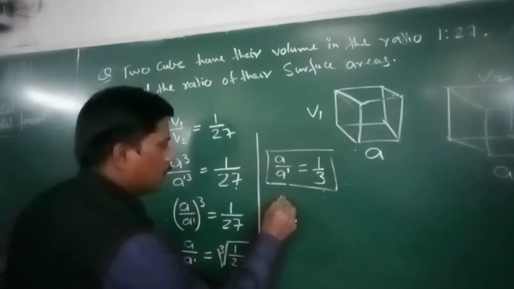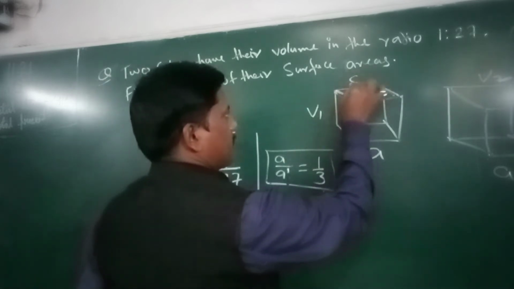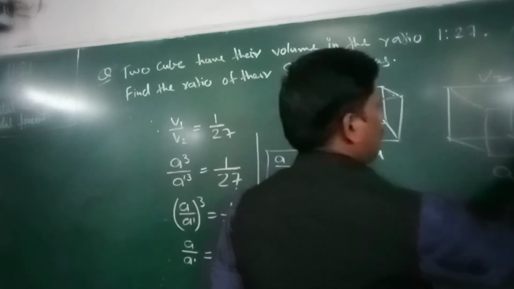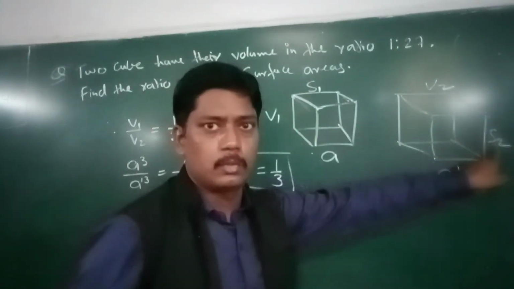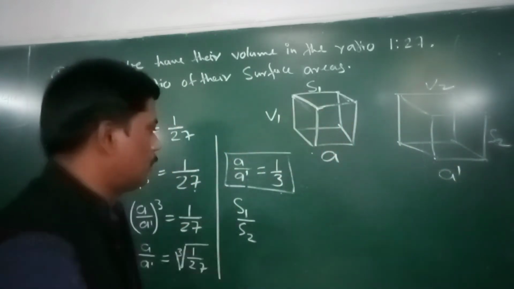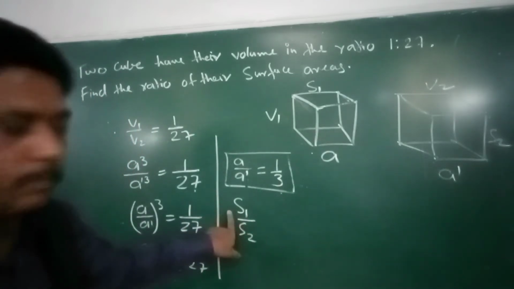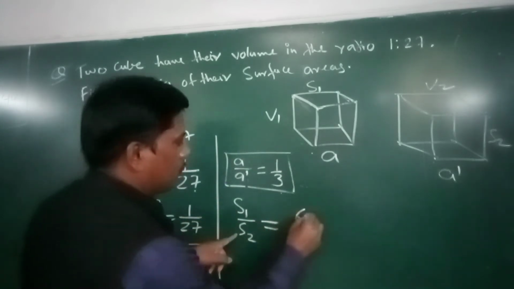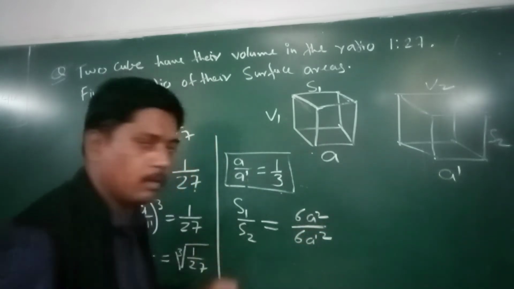Now we can find the surface area ratio S1 upon S2. Suppose the surface area of the first cube is S1 and the surface area of the second cube is S2. So the ratio S1 upon S2 is equal to 6 into A square upon 6 into A dash square, right?